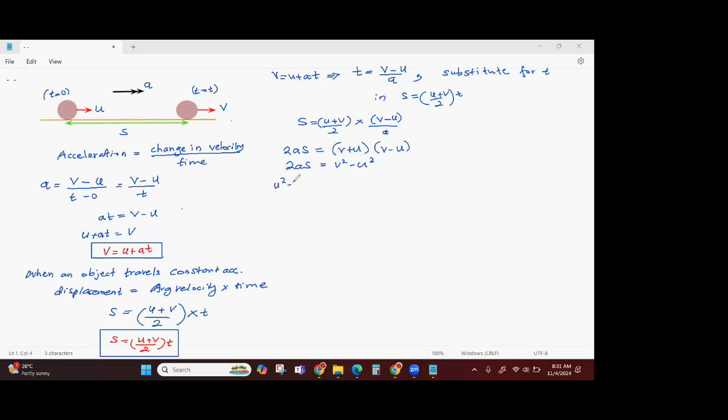So u squared plus 2as equals v squared. Therefore, v squared is equal to u squared plus 2as. This is the third equation.